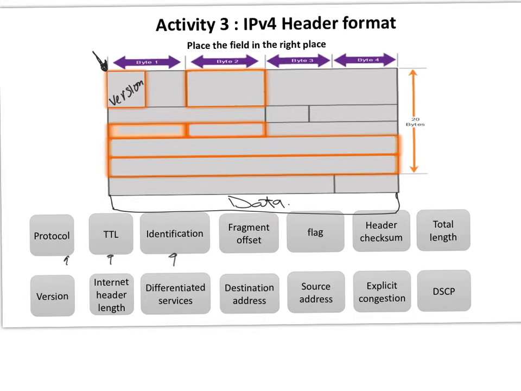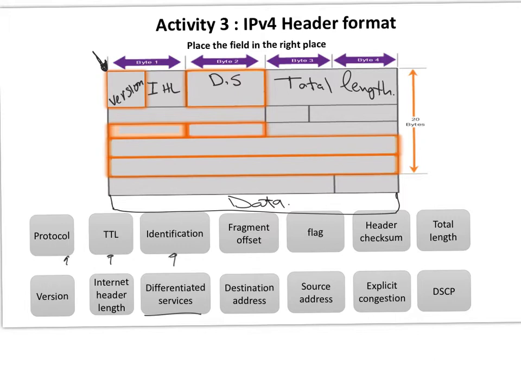And then this is what we call internet header length. Okay. And then there is the differentiated services field. Okay. And then we have the total length. Okay.